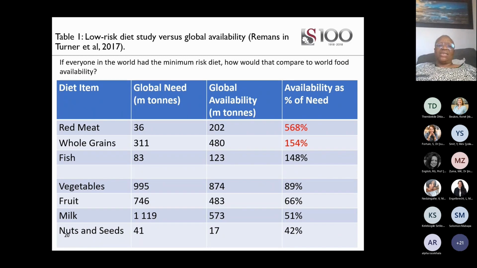And you can see there that the meat is way above. We have too much meat compared to the whole grains and the fish and the fried vegetables and fruits and milk and the nuts and seeds, which are lower. So the food production is also an issue there.